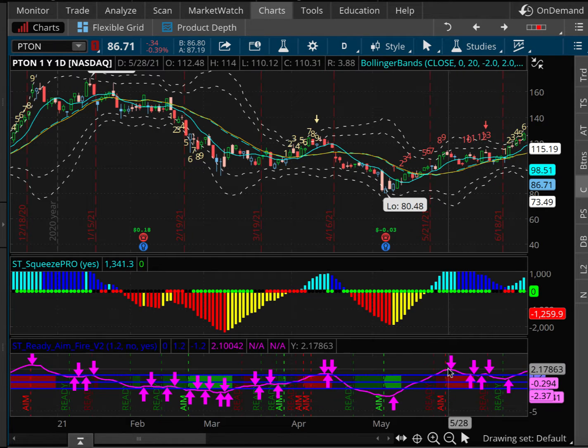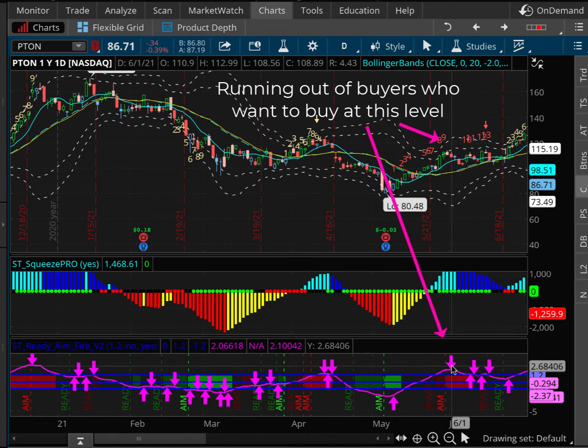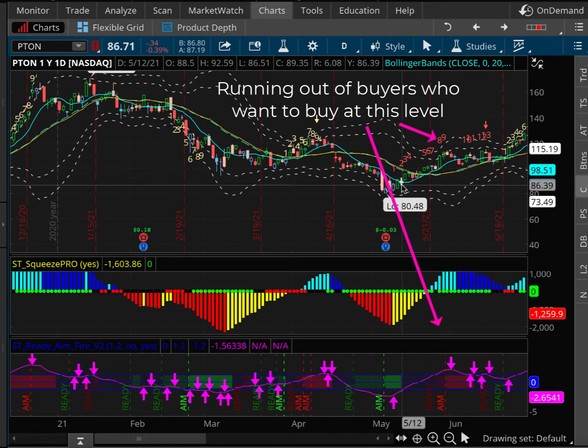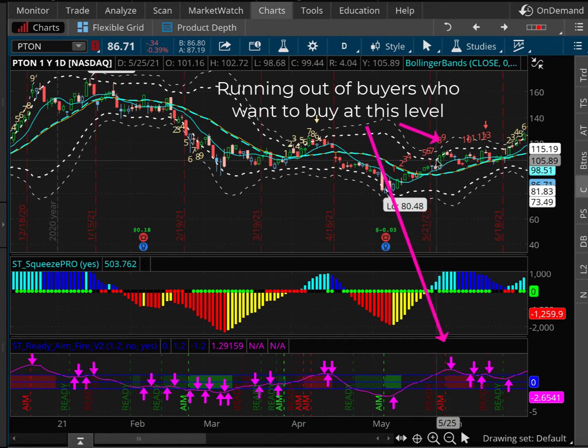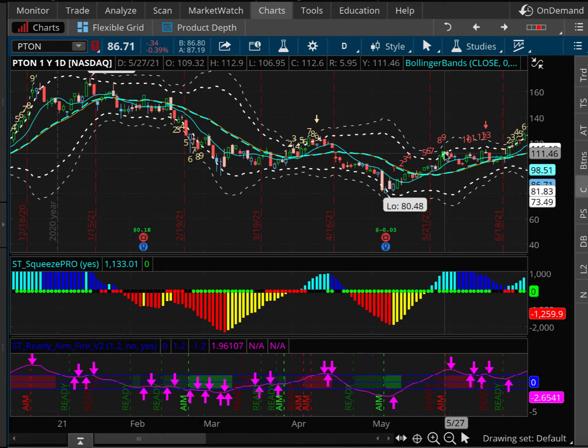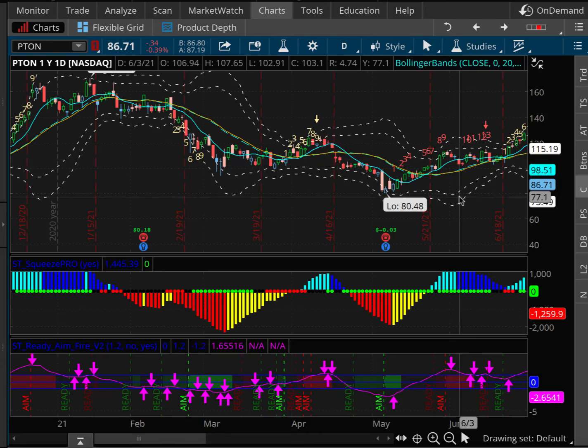And so here we're seeing the pink arrow occur at the top, which is indicating a buyer exhaustion. You're running out of people wanting to buy at this higher and higher level. And so you're getting less buying pressure, and then another imminent reversal.